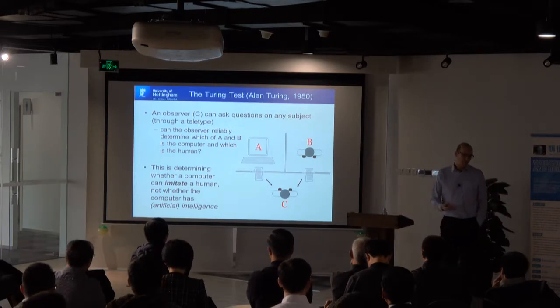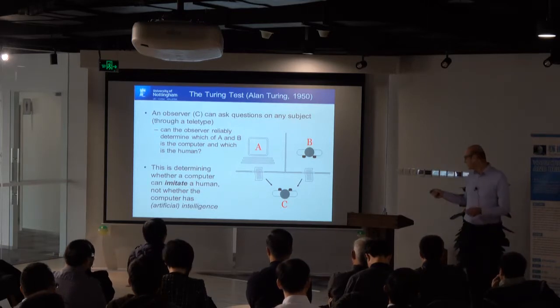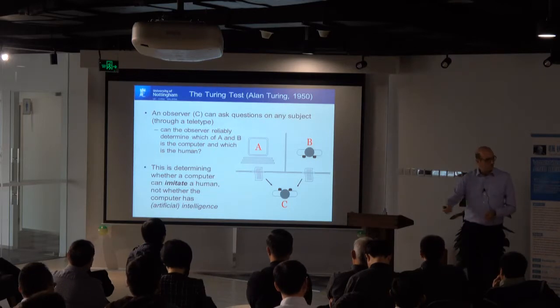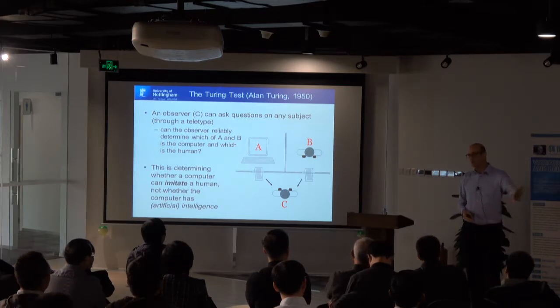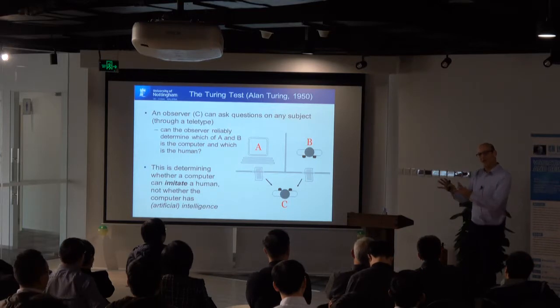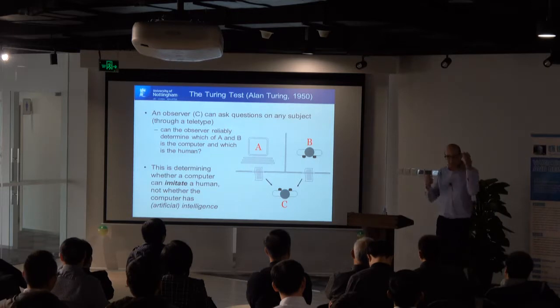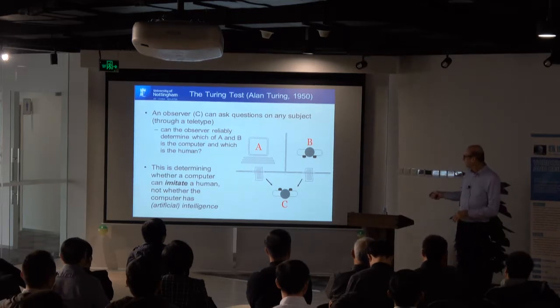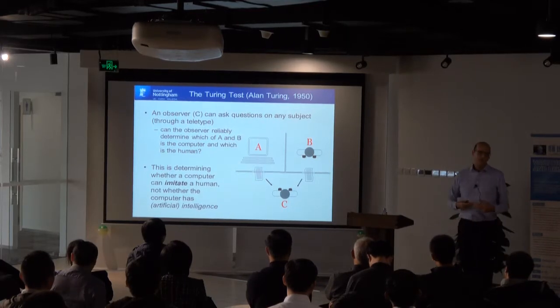In the Turing test in 1950, he had the observer interacting by passing written words backwards and forwards, because he thought it would be too difficult to create a robot which looked like a human. He wasn't talking about whether it looks human. He was talking about whether it is intelligent like a human. So he envisaged passing questions backwards and forwards.